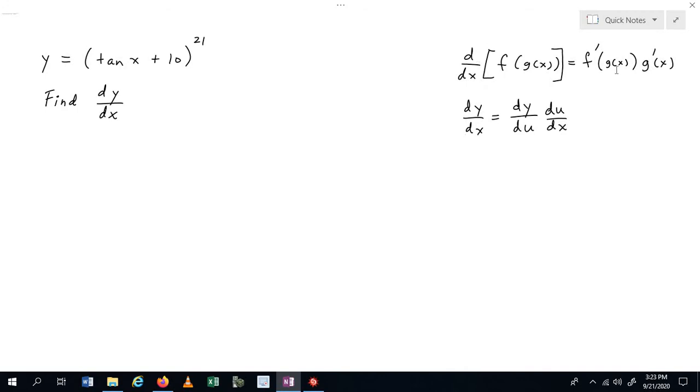Now I'm going to use this form first. If you're going to use this form of the chain rule, you are going to have to write this function in terms of f and g, so that f composed with g is actually equal to this function. The easiest way to do that is to take the inner function here and call that g of x.